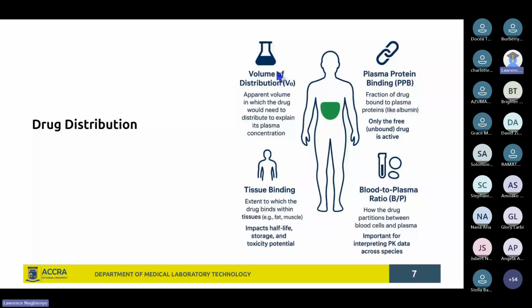That is a theoretical volume, like a volume of a solvent, in which when you dissolve the drug, it is equivalent to the volume of fluid in which the drug is getting dissolved to give you the concentration of the drug in the body.